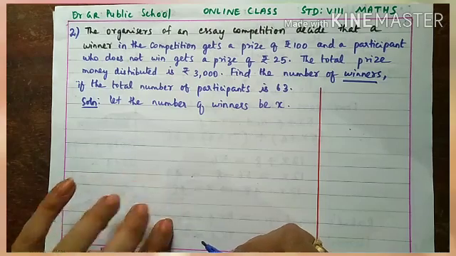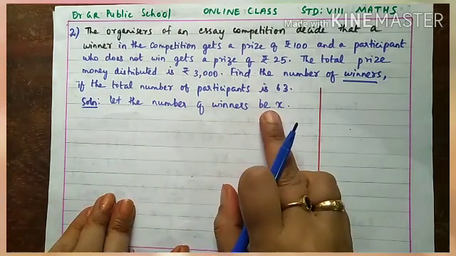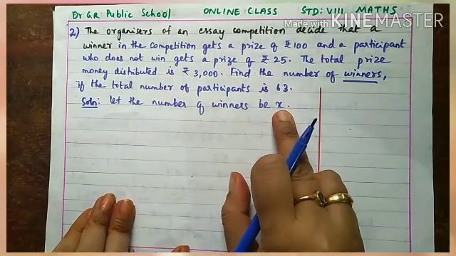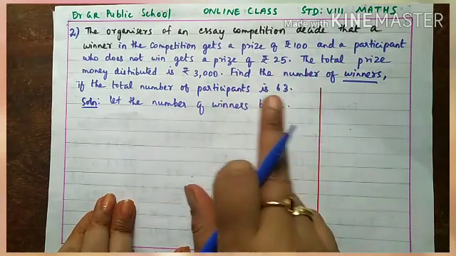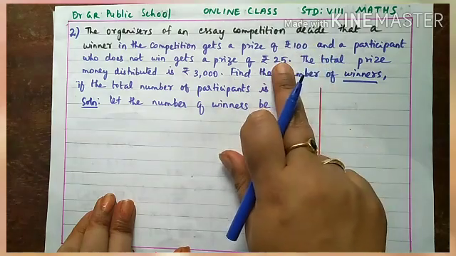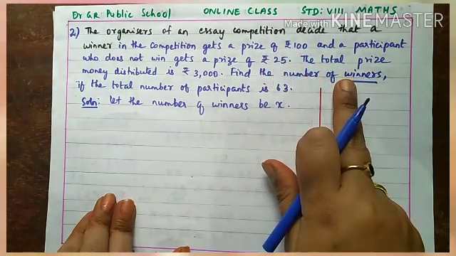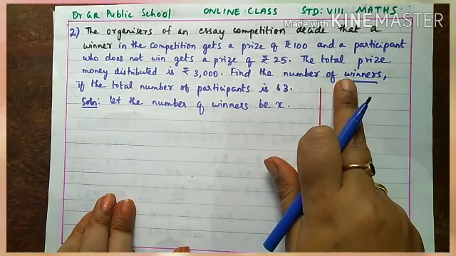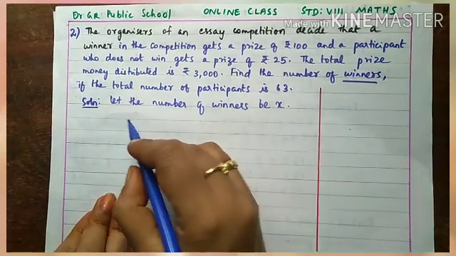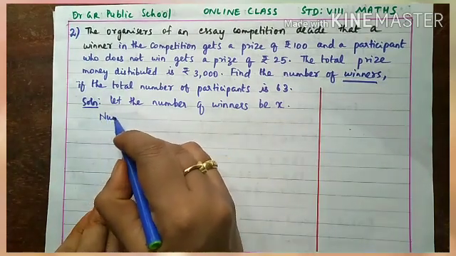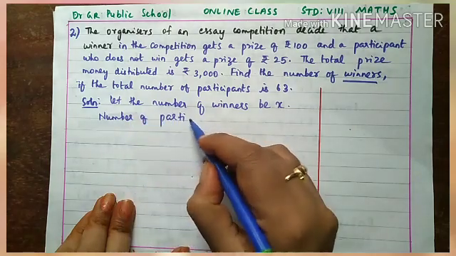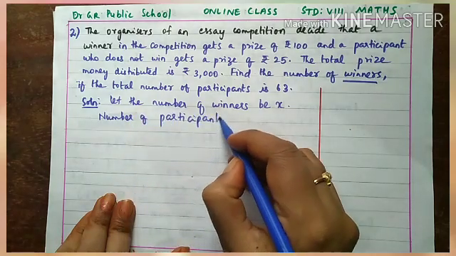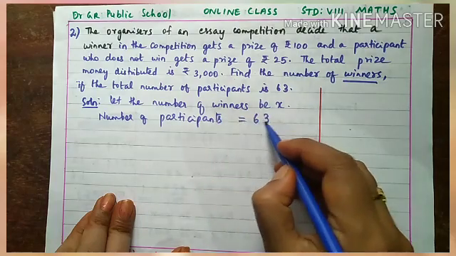Okay, so number of winners we are taking x. Now because the winners and losers are getting the cash money, 100 and 25, we need the number of losers also. So first you can write number of participants. How many are the total participants? Number of participants is equal to 63.